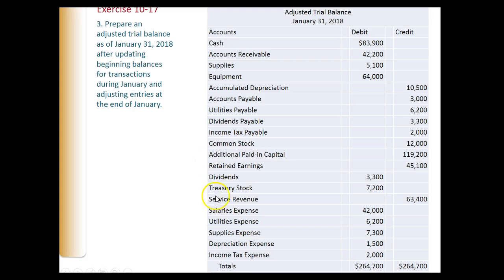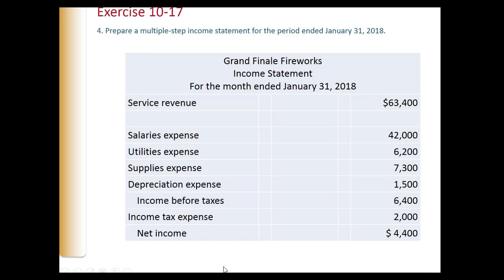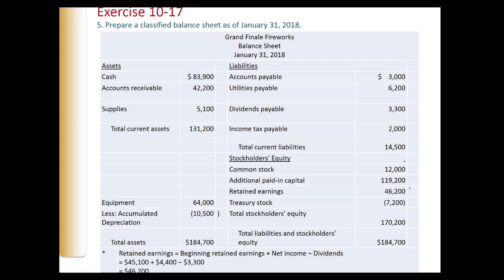Now, the income statement consists of the service revenue and all of the various expenses. So as you see, the service revenue of $63,000 versus the various expenses provide us with net income of $4,400. From there, we will create a balance sheet.